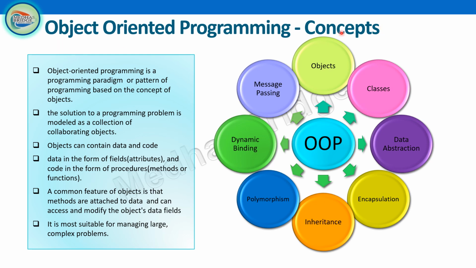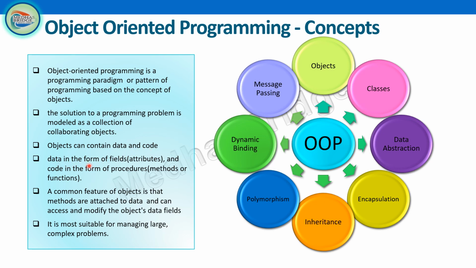OOPS concepts, object-oriented programming concepts. Object-oriented programming is a programming paradigm or pattern of programming based on the concept of objects. The solution to a problem is modeled as a collection of collaborating objects. Objects can contain data and code.